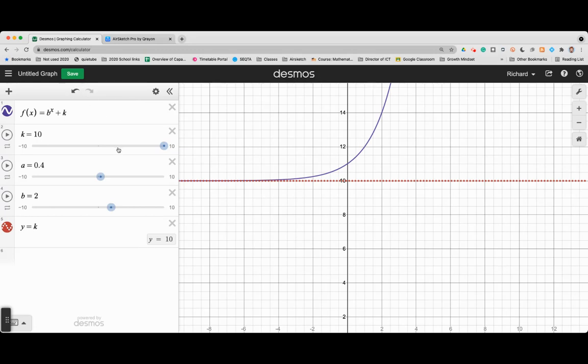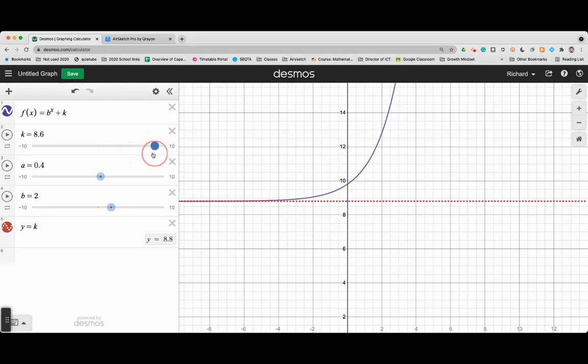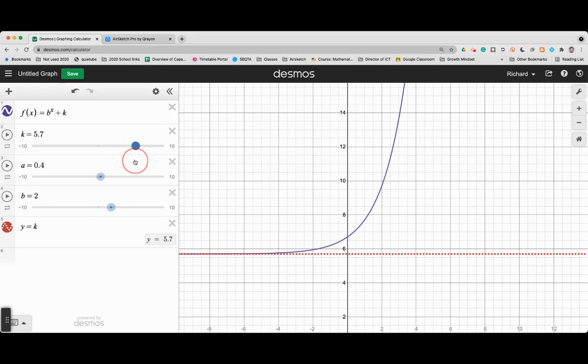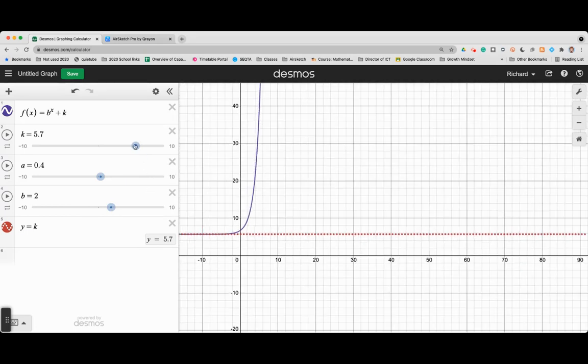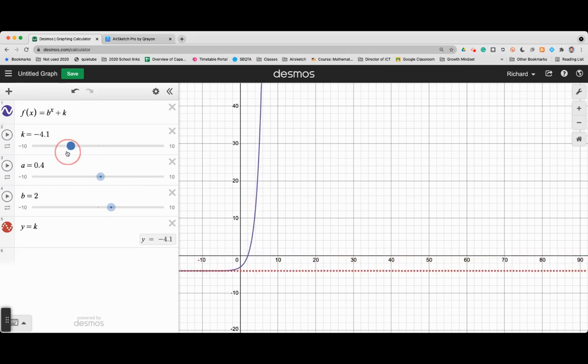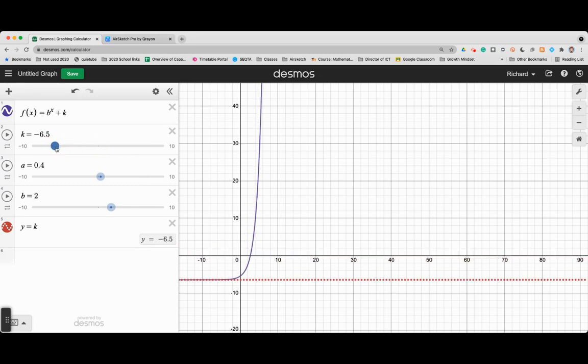And as I move k, the asymptote is changing as well. So when k is positive, it lifts the graph up, and when k is negative, it drops it below. And it means the y-intercept is increased or decreased by that number as well. Is it okay? Okay, cool.